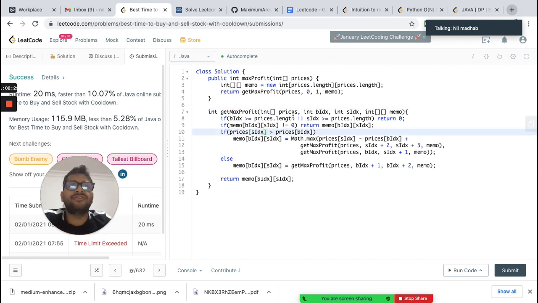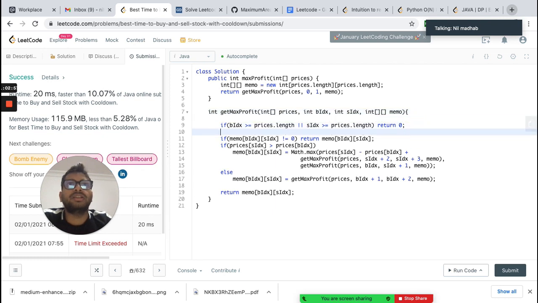So instead of keeping track of the profit, we keep track of two indexes, buy index and sell index. And we have the prices, which is the array that we passed, and we keep track of the profit between this buy index and sell index in a memo 2D array.